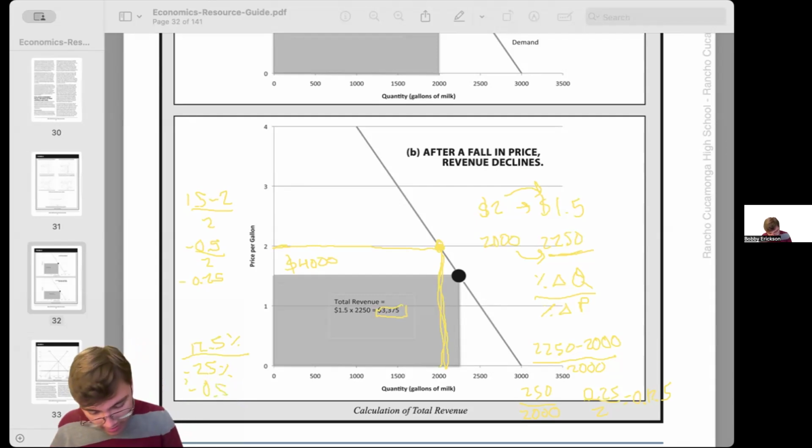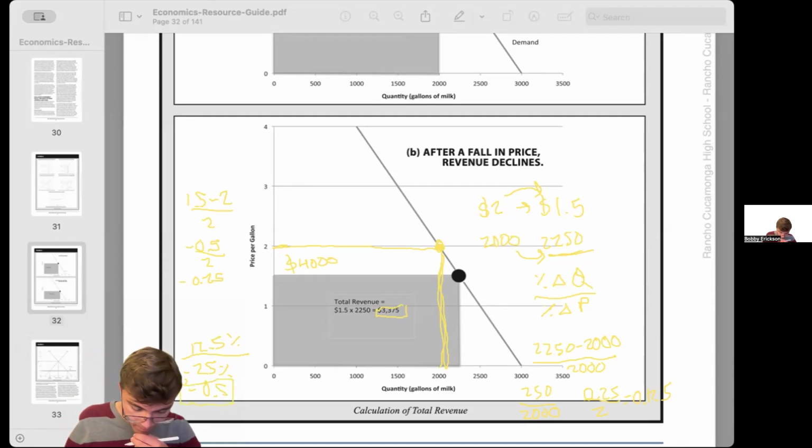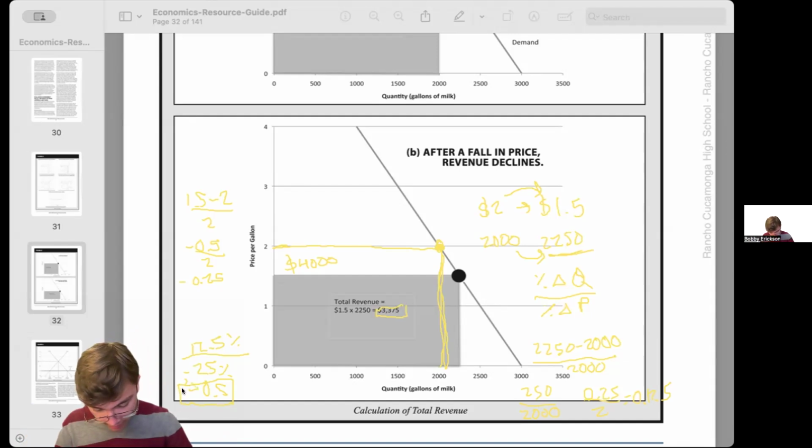And so we can see that the absolute value of this number is below one. And so we already knew it was going to be negative, right? Because for anything with demand, it's going to be negative.